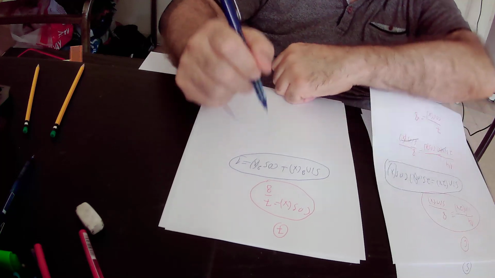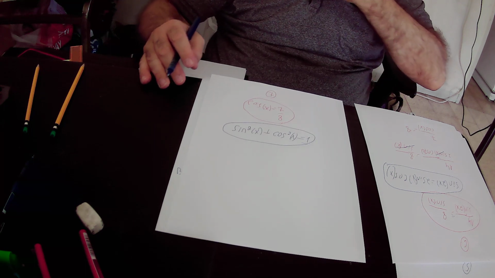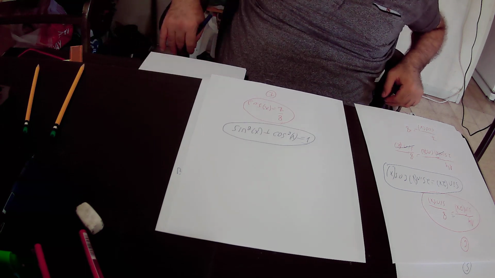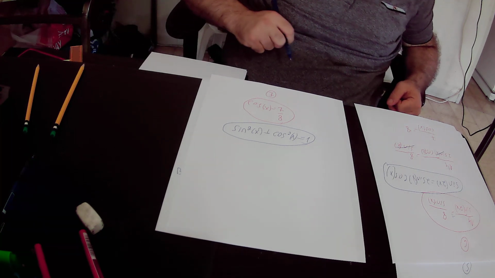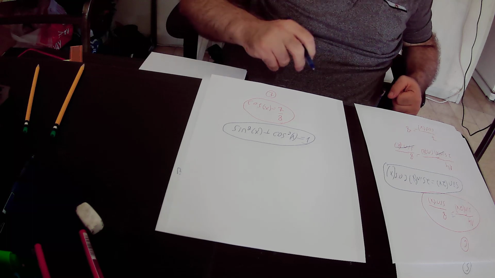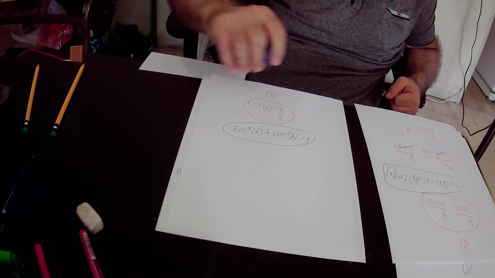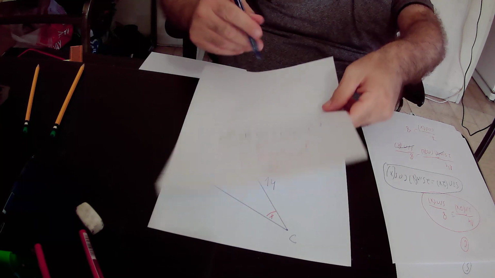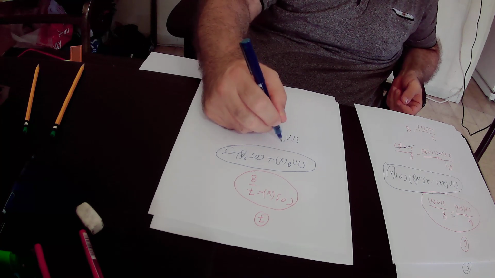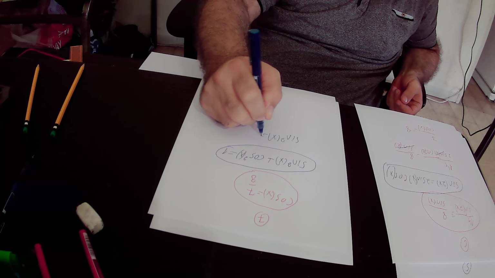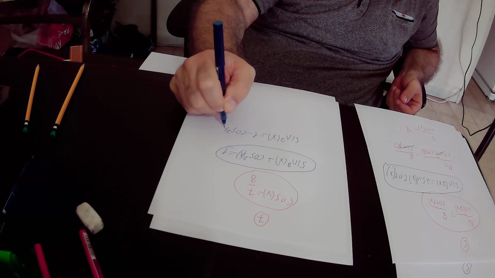We will use the third trigonometric identity in order to find out the value of sine x. Okay, from this identity, we will subtract cosine square x, so sine square x equals 1 minus cosine square x.